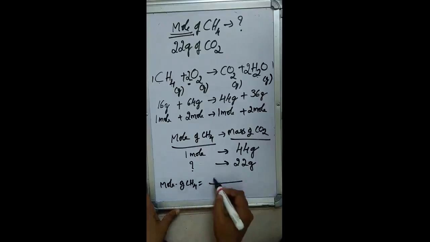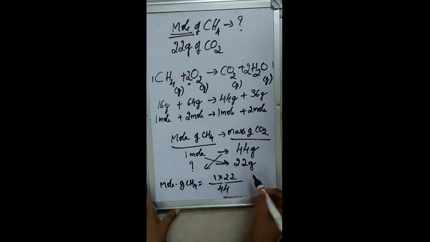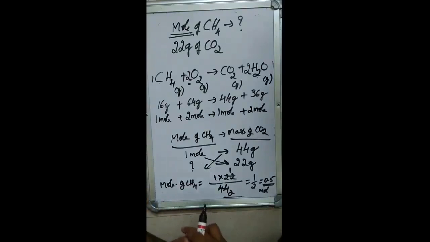So cross multiplication, 1 into 22 divided by 44. So what is the answer? 22 ones are 22, so half, or 0.5 mole. Okay, 0.5 mole. I hope you understood the concept.